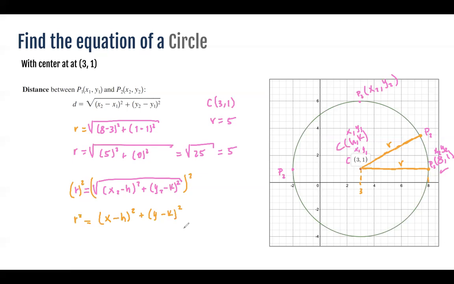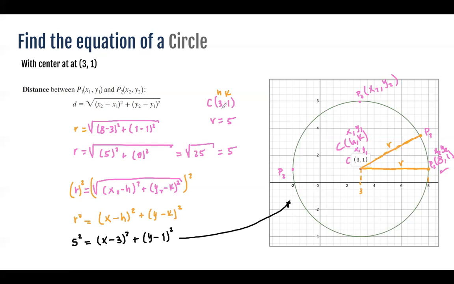And if you substitute the center, which is h comma k, and the radius, in this case 5, you're going to have the standard form of the equation of the circle. So I'm going to substitute: 5 squared is equal to x minus h, in this case 3, squared plus y minus k, minus 1, squared is the equation of this circle right here.